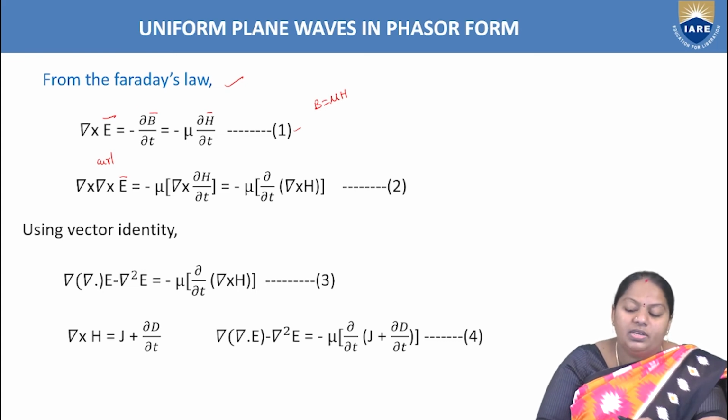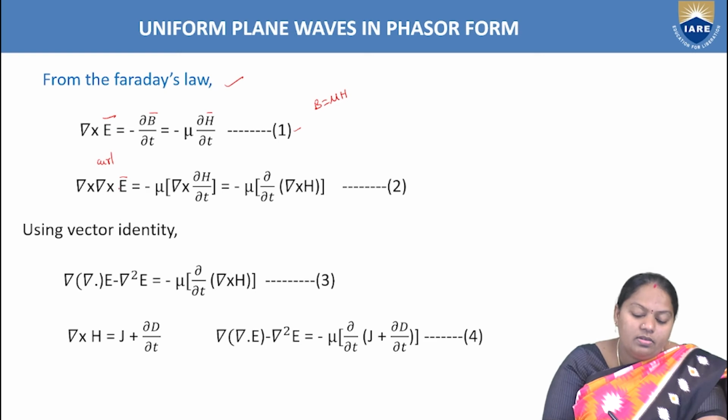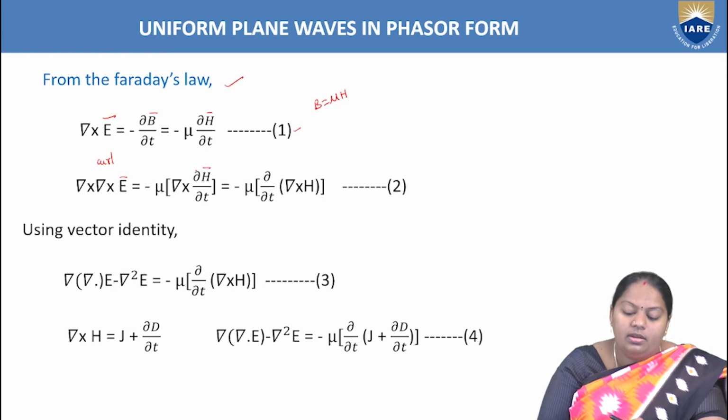Again, in order to simplify in phasor form, we take the curl on both sides of equation number 1. Hence, del cross del cross E bar equal to minus mu into del cross dou H bar by dou t. Or simply, we can write this as minus mu into dou by dou t of del cross H bar.